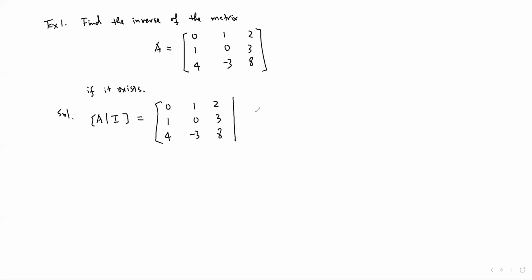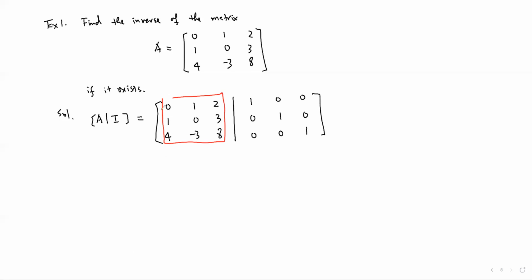The right side is the identity matrix: 1, 0, 0, 0, 1, 0, 0, 0, 1. Now, step by step, reduce this part to the identity matrix. First, perform forward elimination to reduce the matrix to echelon form, and then reduce it further.